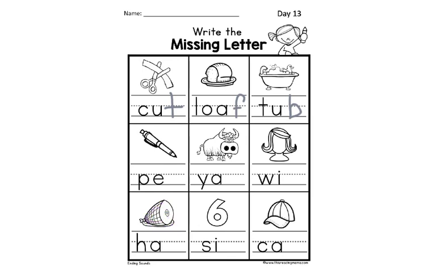This next one is the number 6. And the last one is a cap. So go ahead and write all of your letter sounds, and then please color in the pictures. Oh, and don't forget to write your name at the top.